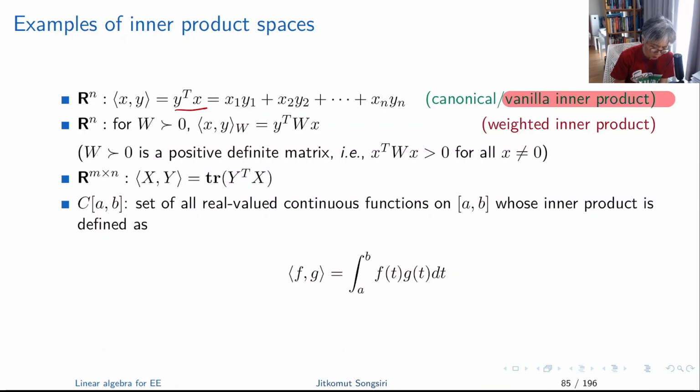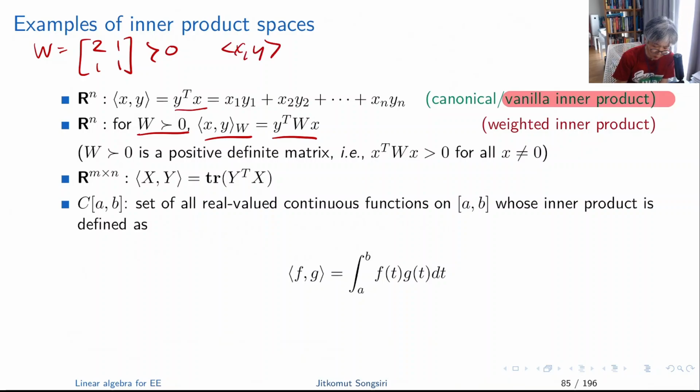How about I talk about a new definition of my new inner product. What if I have W, a positive definite matrix, and I define a new inner product as y transpose W x? For example, my W is [[2, 1], [1, 1]]. You can verify that this matrix is positive definite. So instead of my traditional inner product, now when I introduce this W, I can define on my own.